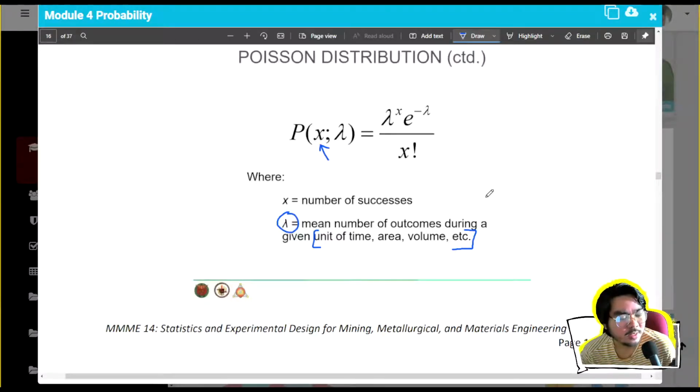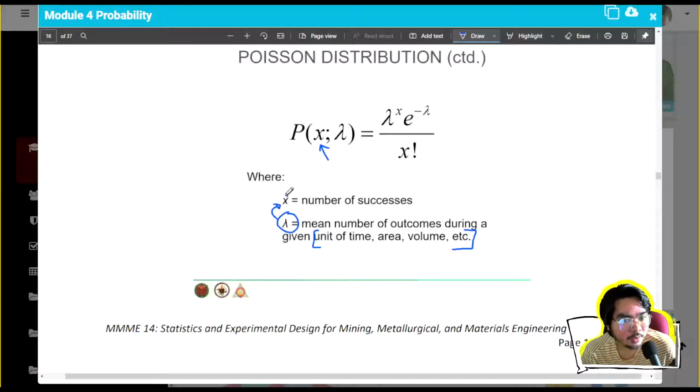Pero it doesn't have to be necessarily time, no? So pwede din, kunwari, defects. So kunwari sa semicon industry, ano yung average number of defects sa particular surface area ng isang, kunwari, chip. So pwedeng ganun. So ang unit mo is a unit of area.